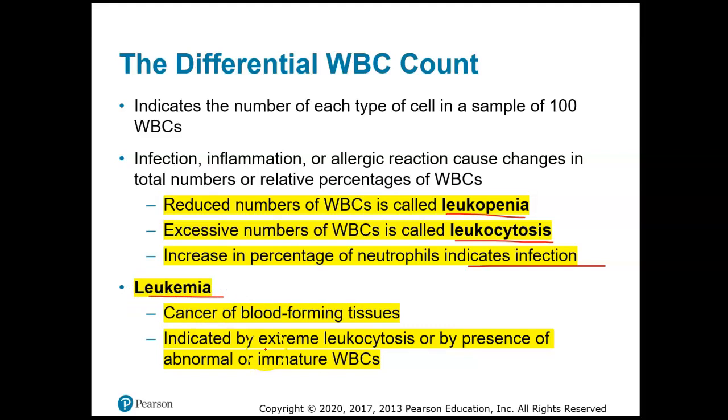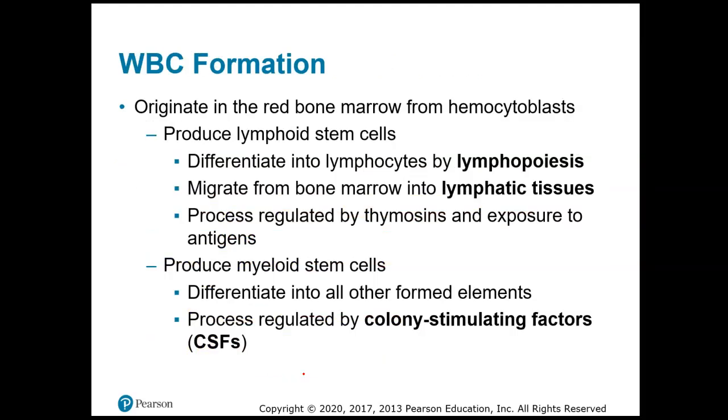It's blood cancer. So we can detect it because there's a lot more leukocytes than normal, excessive numbers of leukocytes, which we call leukocytosis, or the white blood cells that are present are abnormal or they're immature. There's something wrong with them.